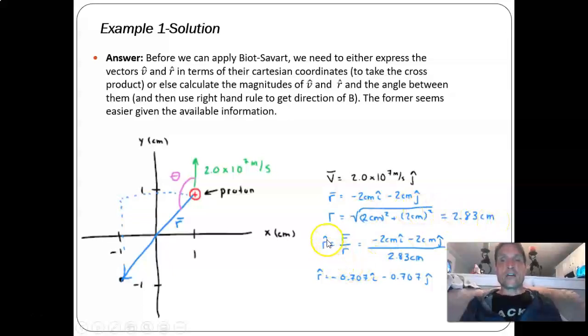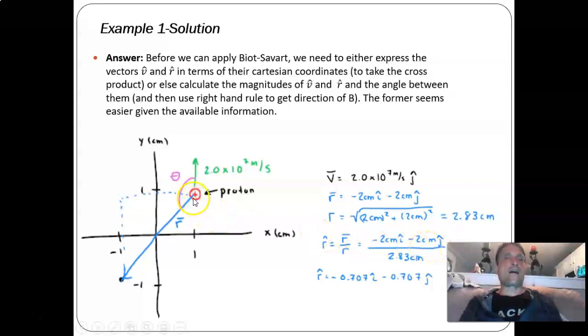Now we need to make our unit vector, and this is easy once we get the magnitude. First we write down what r is, and then we divide it by its magnitude. And this vector, which points from the source charge to the place where we're evaluating the field, is equal to negative 2 centimeters along the i direction and negative 2 centimeters along the j direction.